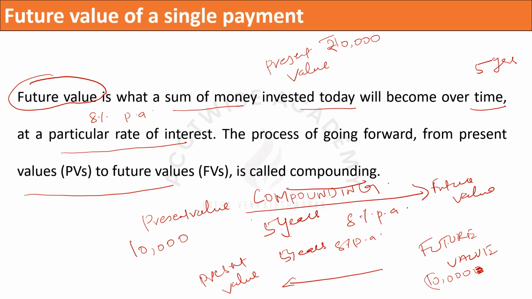In the future you need 10,000 rupees that can be invested for 5 years at 8% per annum. How much you have to invest today? That is the present value, right? So this process is called discounting. So from present to future value it is called compounding. From future to present it is called discounting.